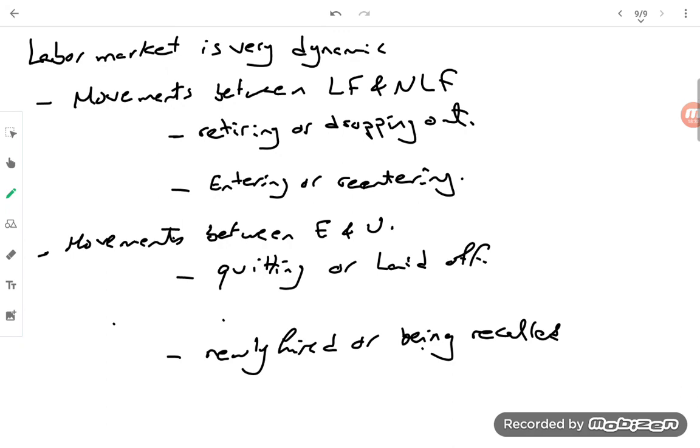So this means that the unemployment rate is going to change from time to time and from one country to another or from one region to another. Also, the labor force is going to change over time and from one point of time to another or from one region to another.